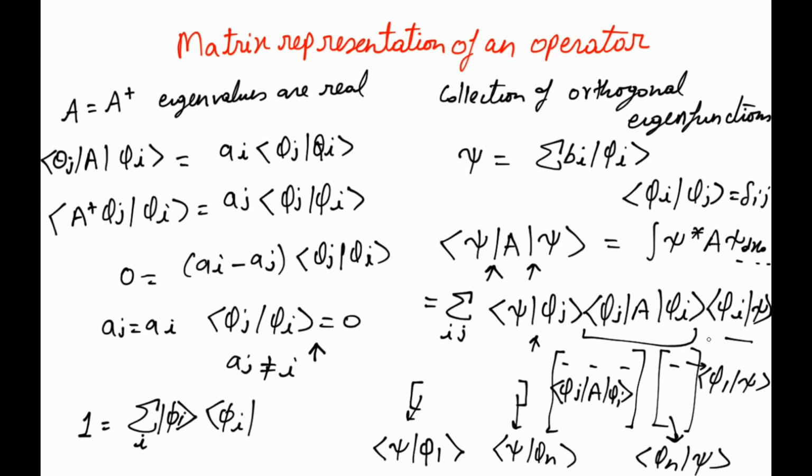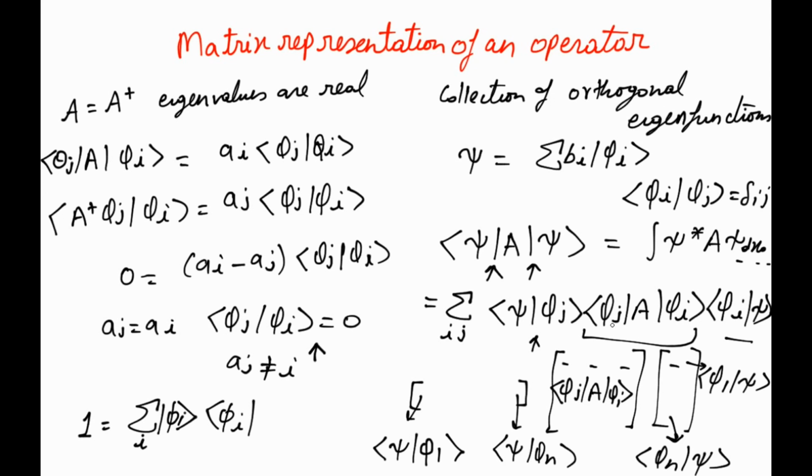Now as you can see, this is again a matrix problem, and what we have done is written A as a matrix representation. A is now a matrix operating on the row and column vectors. It's written in matrix form, so it's the matrix representation of an operator.